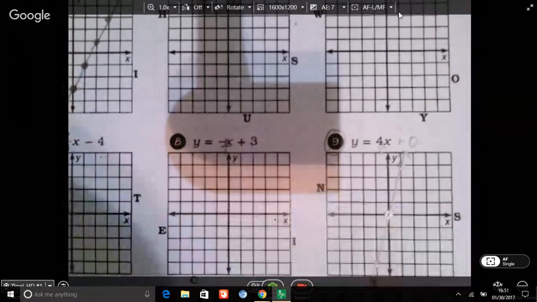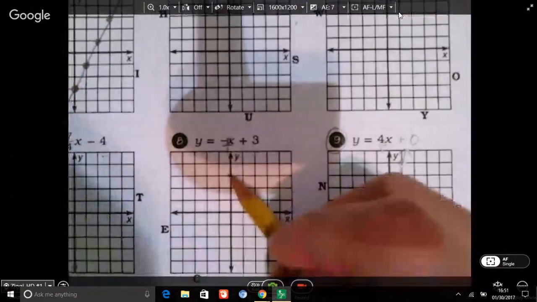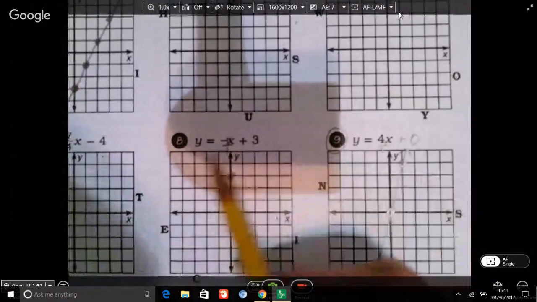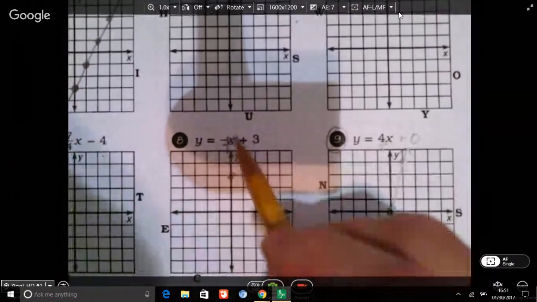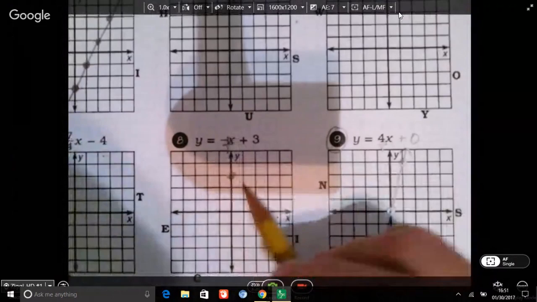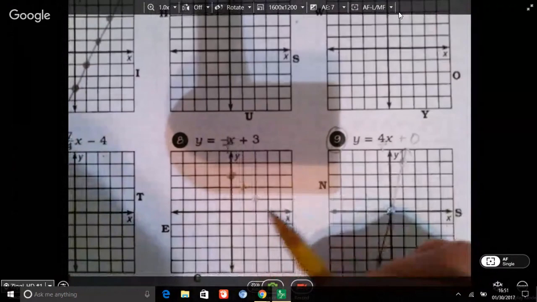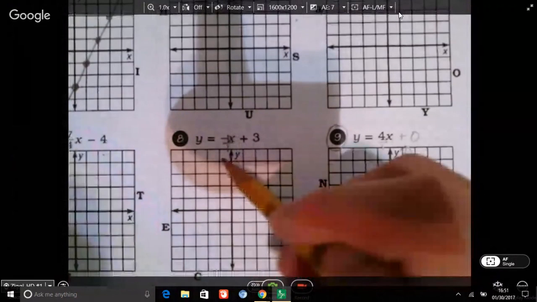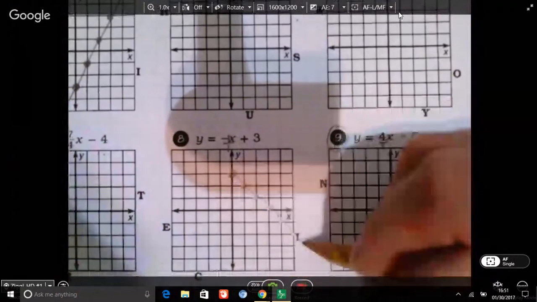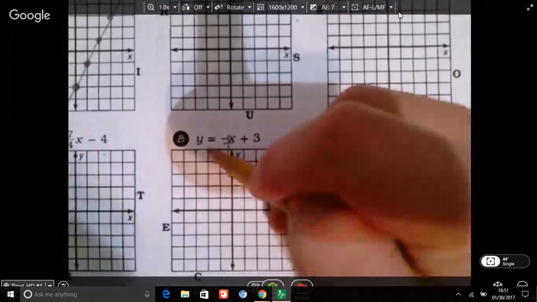That's the y-intercept, so you start on the y-axis at 3. The slope is negative, so the top number you go down. Down 1, the bottom number you always go right. Down 1, right 1. Down 1, right 1. So the line looks like that. To get to the other side, up 1, left 1.